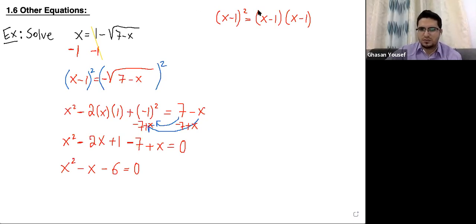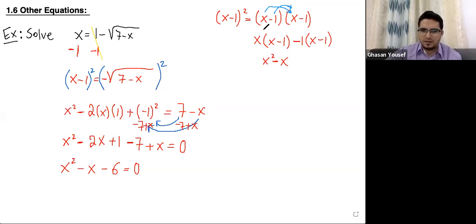Now distribute the x with the parentheses and the minus 1 with the parentheses. So I get x times x minus 1, minus 1 times x minus 1. Distribute the x inside, so I get x squared minus x.